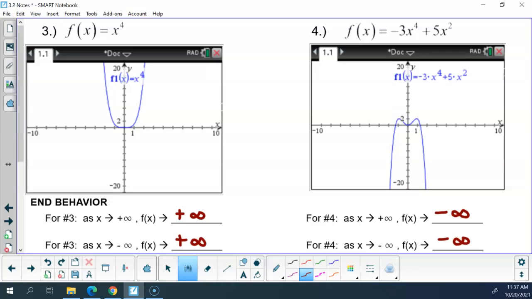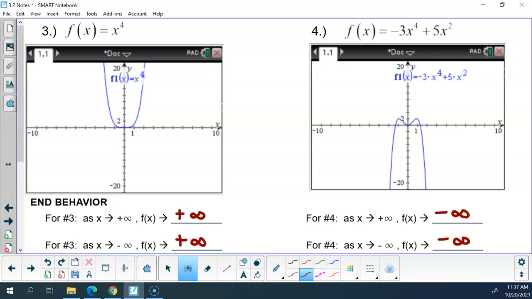Did you see a pattern yet? What do you got? That's not a pattern. Kaylee? So if it's an even degree, we go in the same direction. Both sides either go both up or both down.